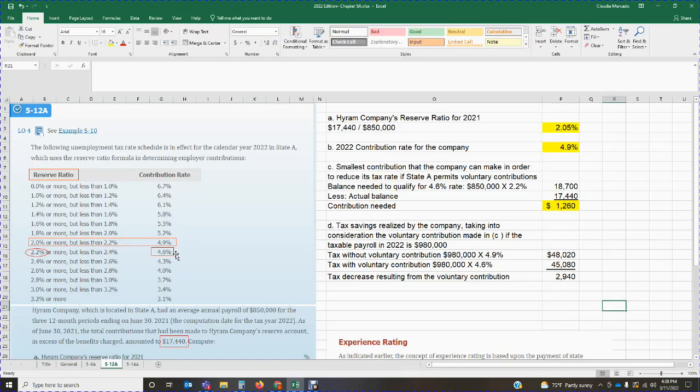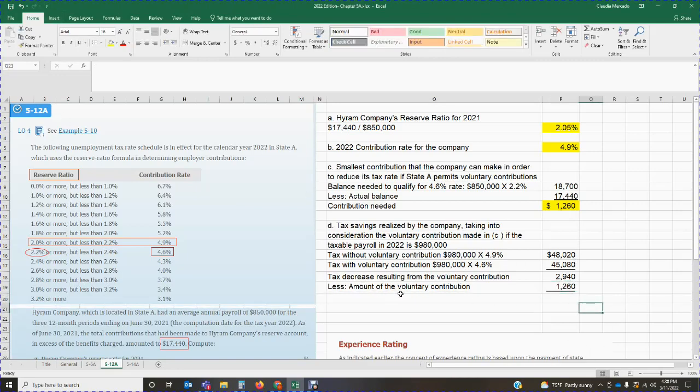Okay. Now I'm going to subtract the amount of the voluntary contribution. Okay, we had to put some money in there to decrease our rate. Okay, we had to put in there 1,260. So I'm going to subtract my 1,260. Okay, that is the amount that I had to put in, that extra contribution needed.